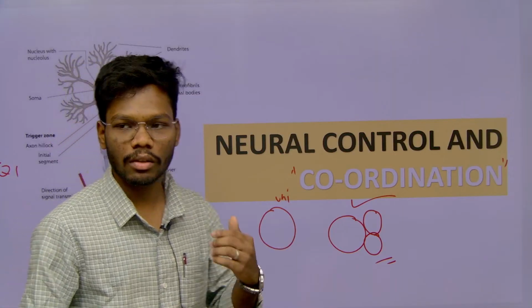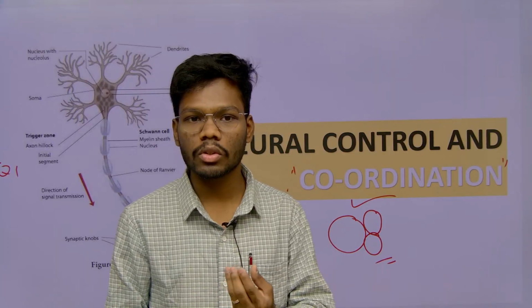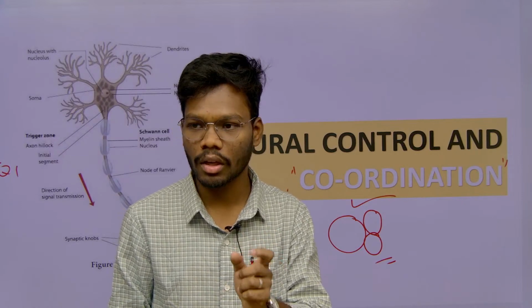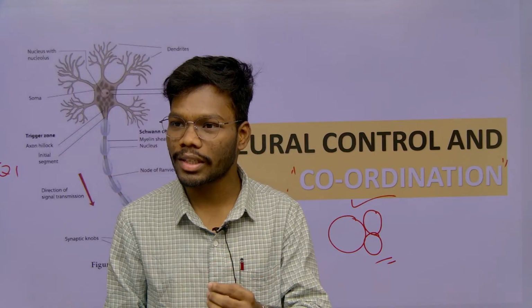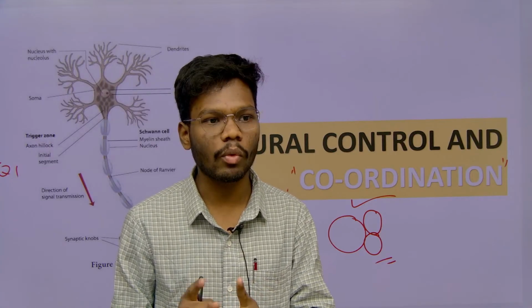Likewise we are higher animals, human beings, a higher kind of organization. To perform one function, each and every cell or tissue has to communicate with each other. So that communication is called coordination: the process of interacting of 2 or more different organs or tissues to perform one function.